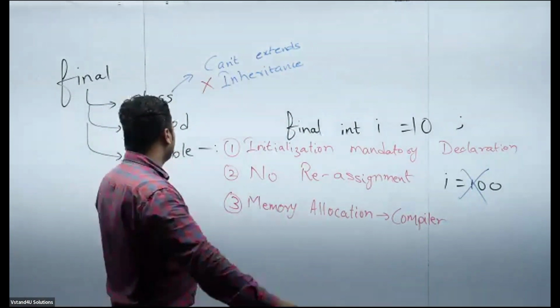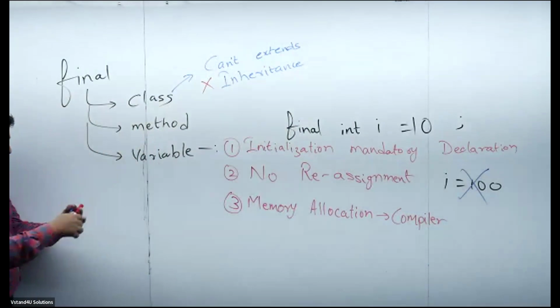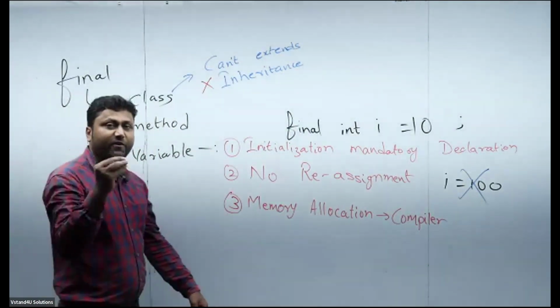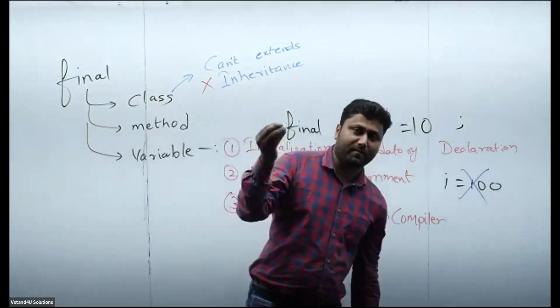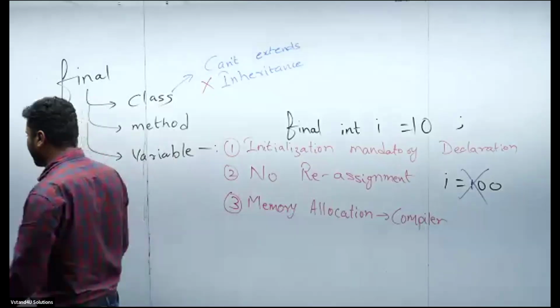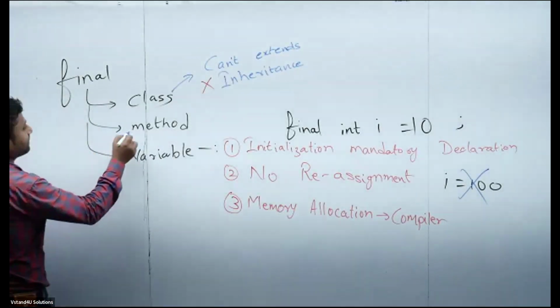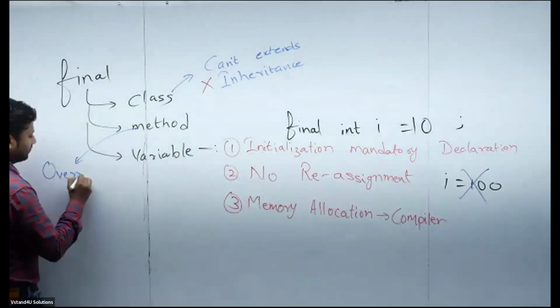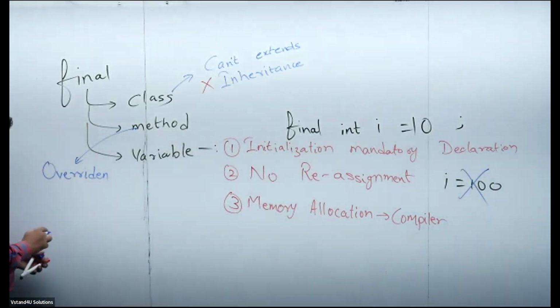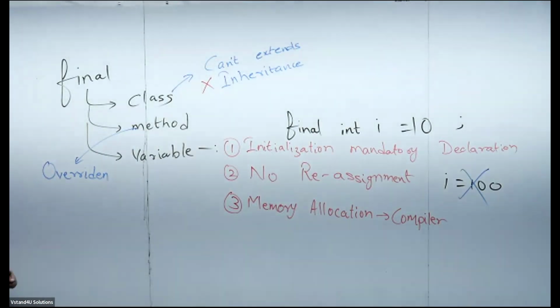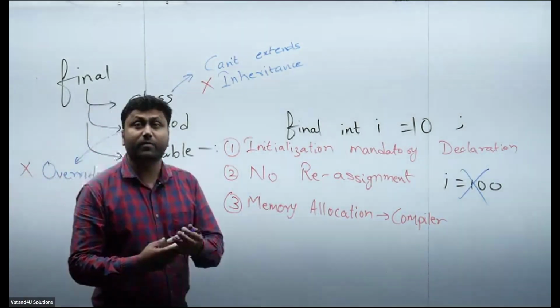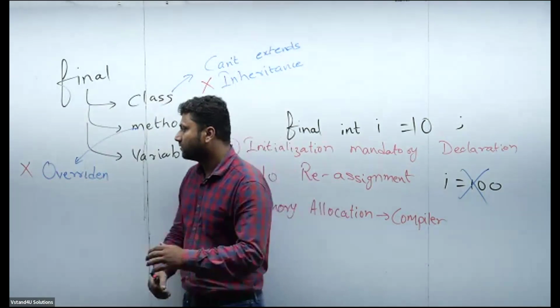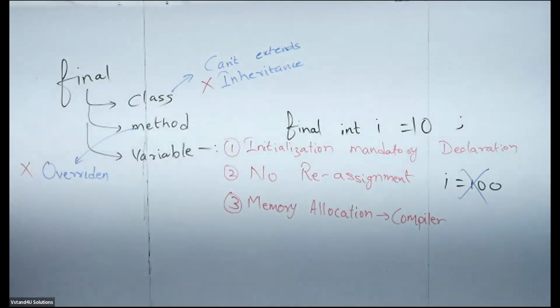If a method is marked as final, it cannot be overridden.